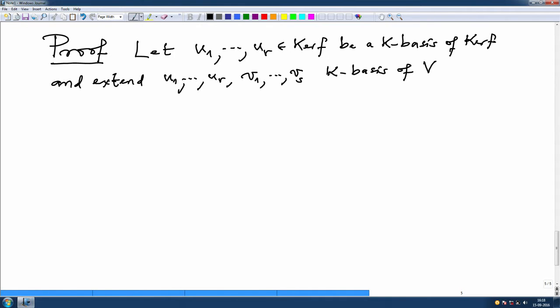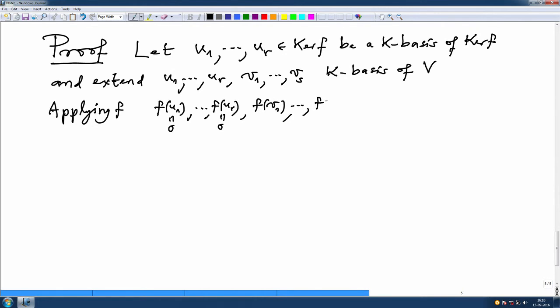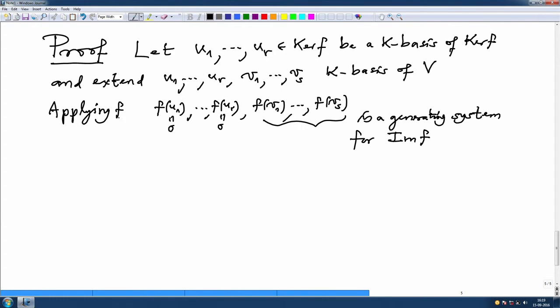Now, what are the images under F? Applying F to this basis of V, F of U1 is 0, and this will happen till F of UR, these are all 0, and then F of V1, ..., F of Vs. Obviously, then this is a generating system for the image, because the images of a basis generate the image, and these guys are 0.